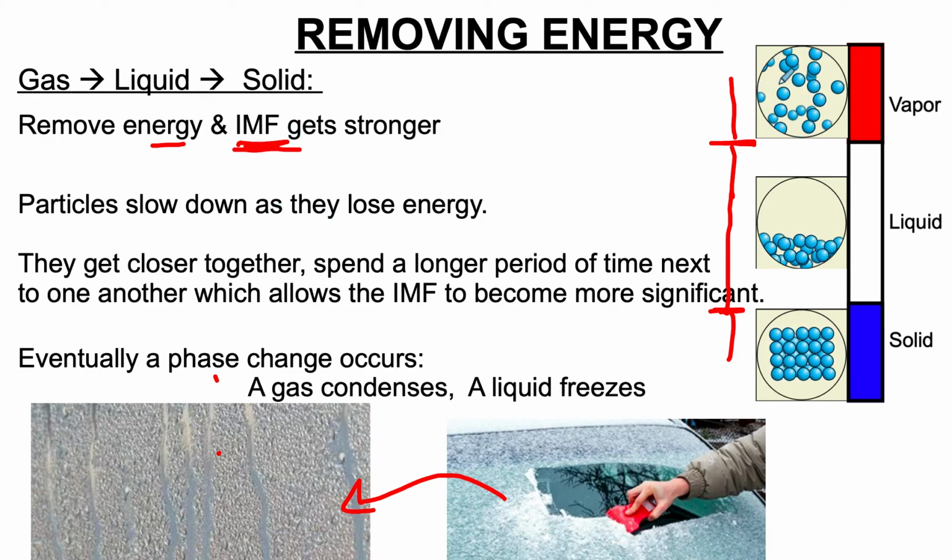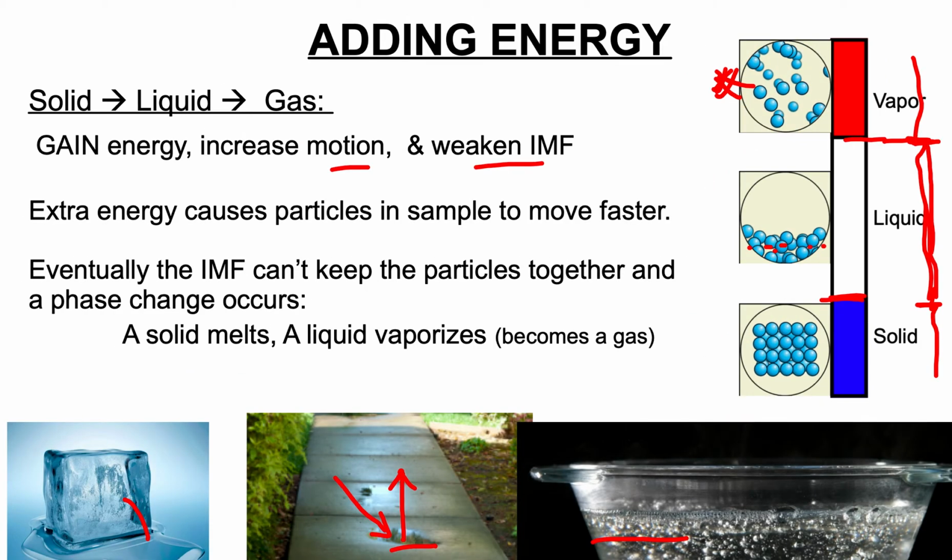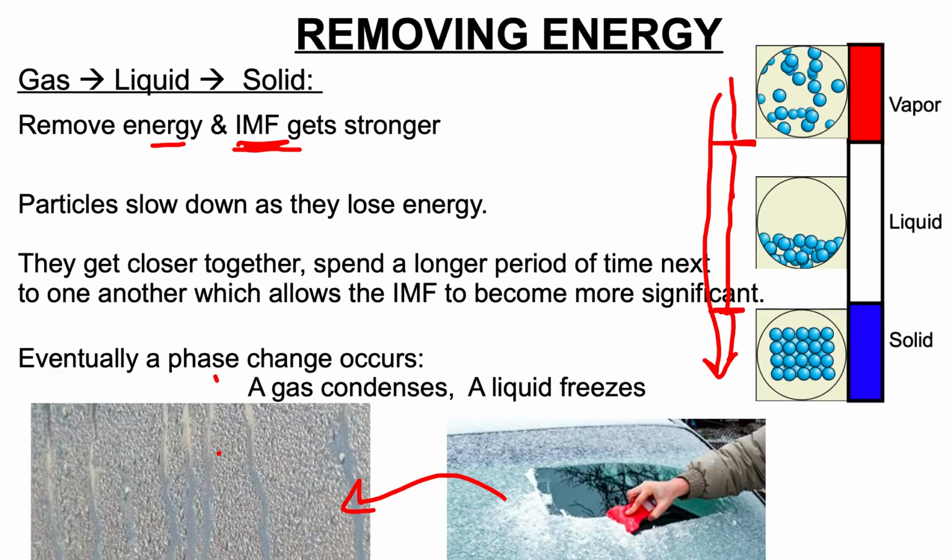So as you go down, the intermolecular forces get stronger and stronger and stronger. On the previous slide, we looked at going up, intermolecular forces getting weaker, weaker, weaker, until there's no intermolecular forces. So changing the temperature, changing the amount of energy, will change the intermolecular forces.